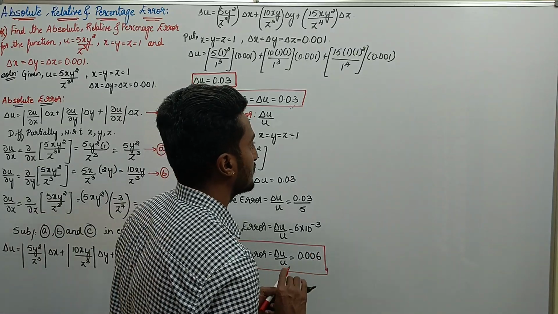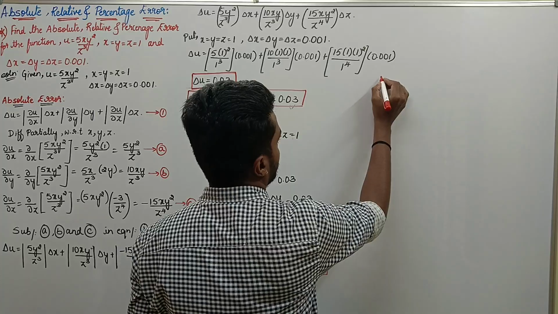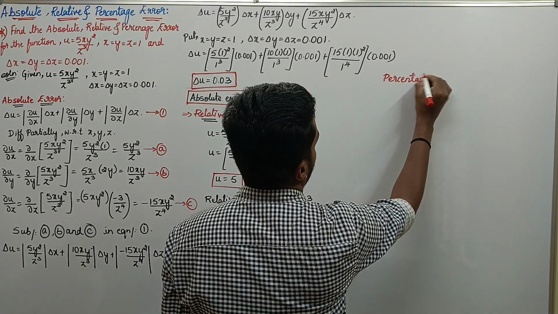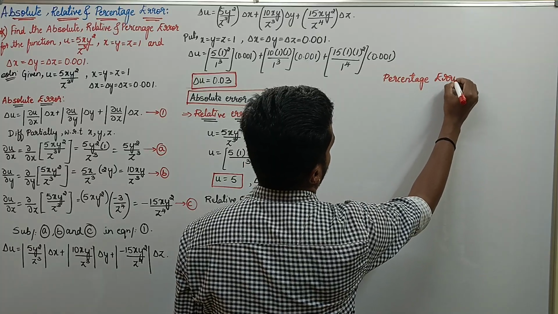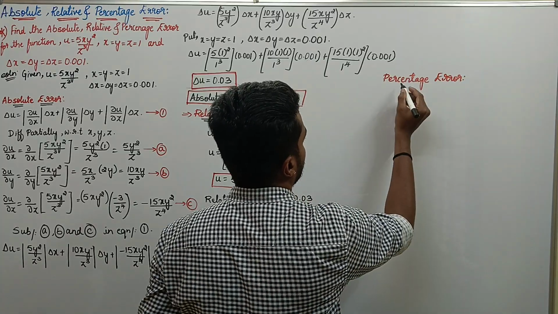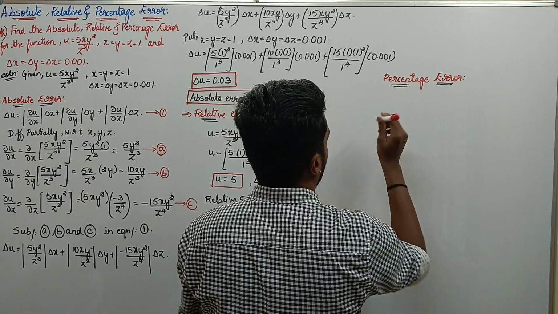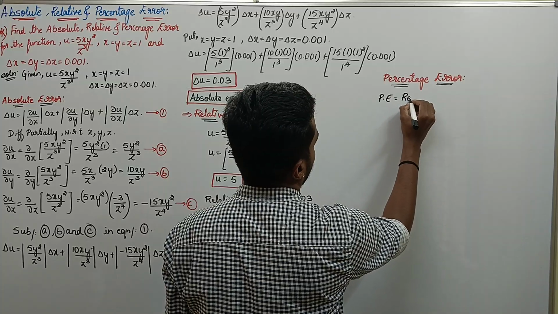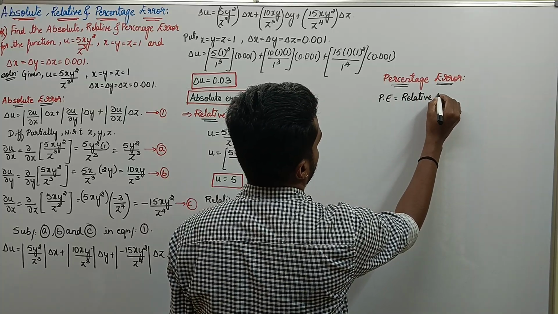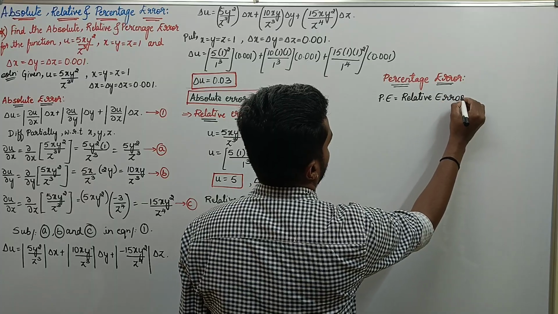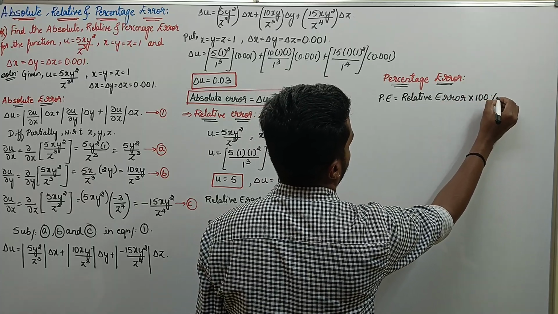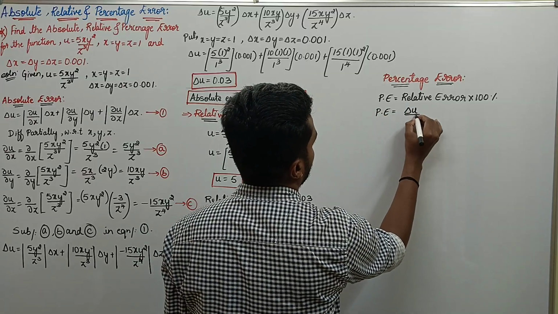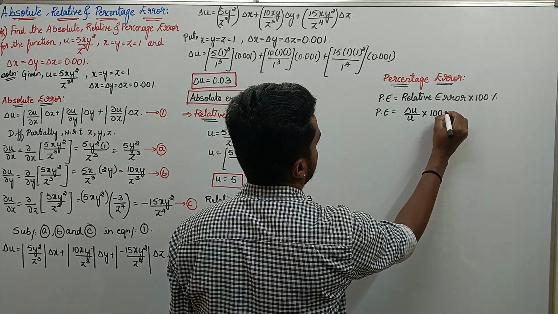Got the point? Next is percentage error. Percentage error is given by PE, which is equal to relative error into 100%. That is percentage error equal to del u by u into 100%.